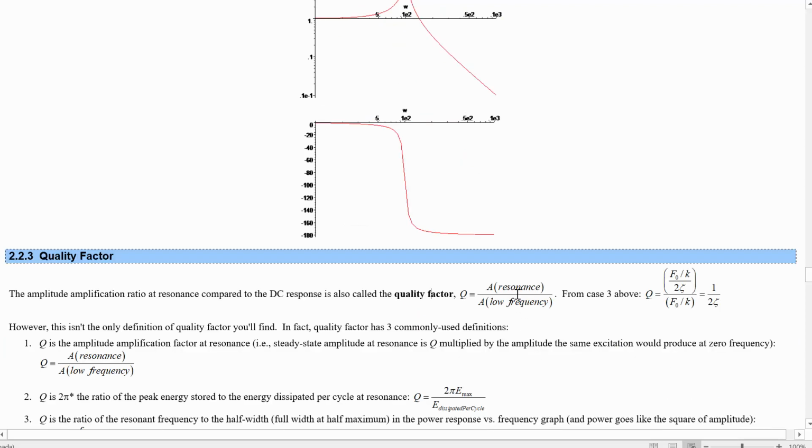So this tells you about the system, not about the driving force, right? It's a property that should depend just on the mass, spring and damper, that mass spring damper system, not on the nature of how you're driving it. So if you know this quality factor, then you can determine what the response will be at resonance if you know the low frequency response.